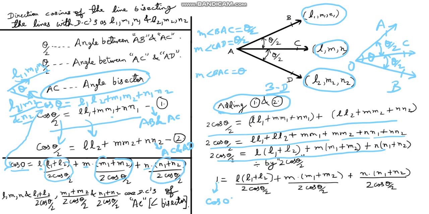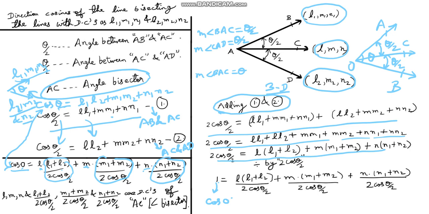L, M and N are the direction cosines of one vector, and the circled ones, that is (L1 plus L2) by 2 cos theta by 2, (M1 plus M2) by 2 cos theta by 2 and (N1 plus N2) by 2 cos theta by 2, are the direction cosines of another vector.